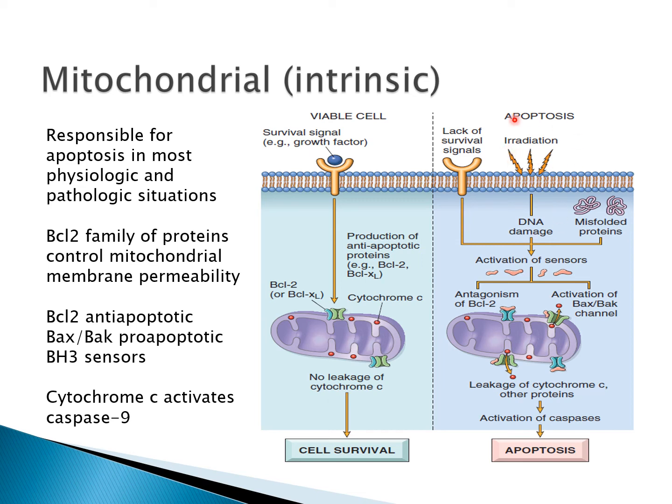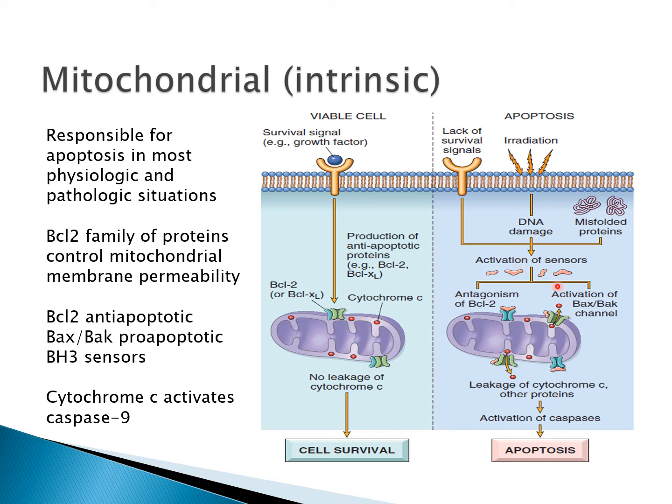Whereas if the cell is exposed to radiation, which can lead to DNA damage for example, or to a lack of survival signals or lack of growth factor stimulation, or to accumulation of misfolded proteins in the cytoplasm, all these signals send a message to the sensors from the BH3 family.